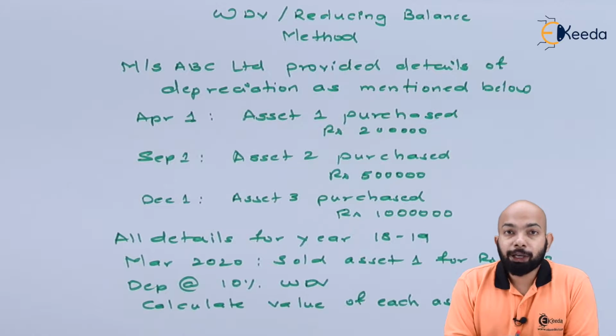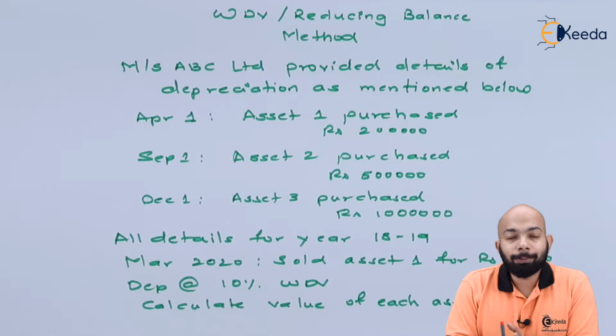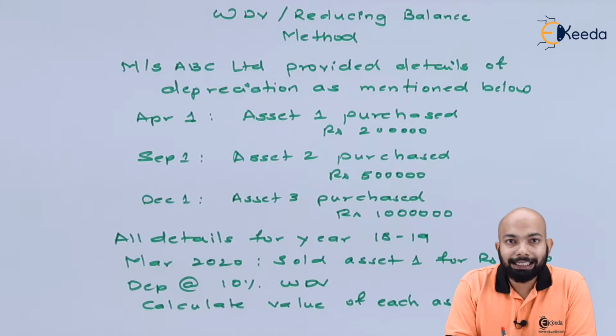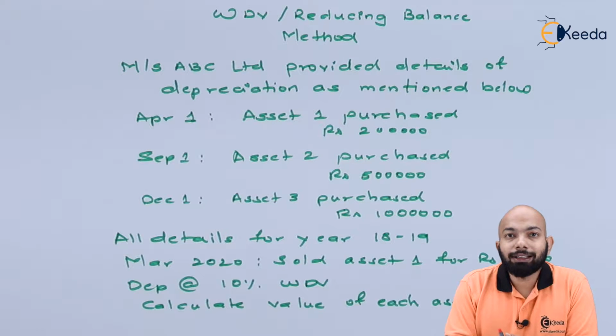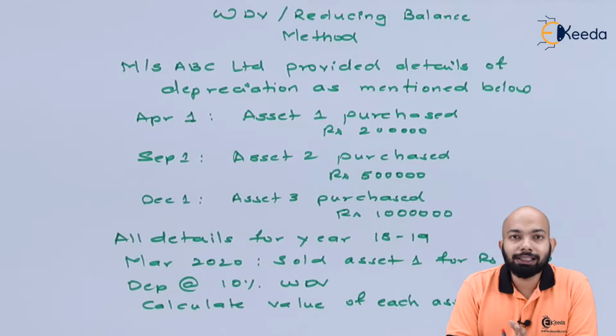So if you can see, in the first sum, ABC Limited has given the following details for the depreciation year 18-19. That means for the year 2018-19, April 2018 till March 2019, these details have been provided. We'll go ahead with all of them in chronological order.